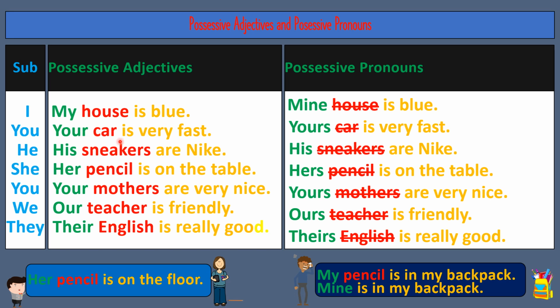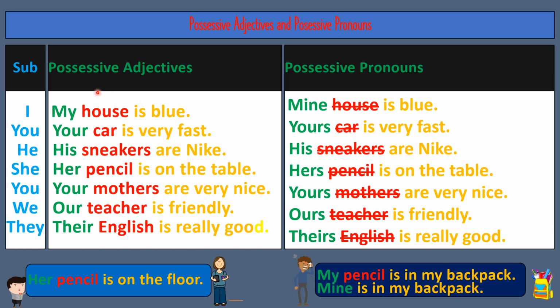Your car is very fast. His sneakers are Nike. Her pencil is on the table. Your mothers are very nice. Our teacher is friendly. Their English is really good.